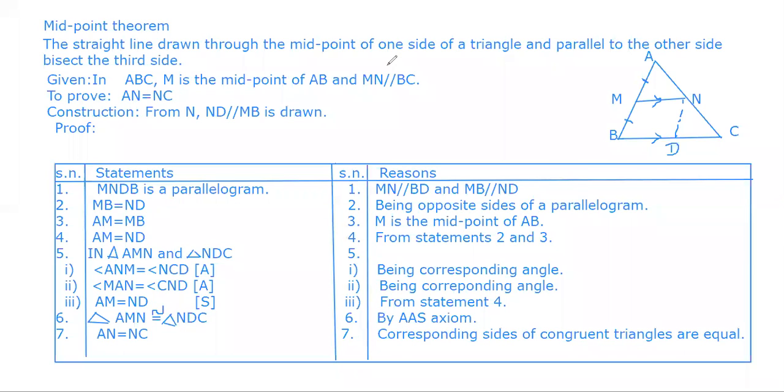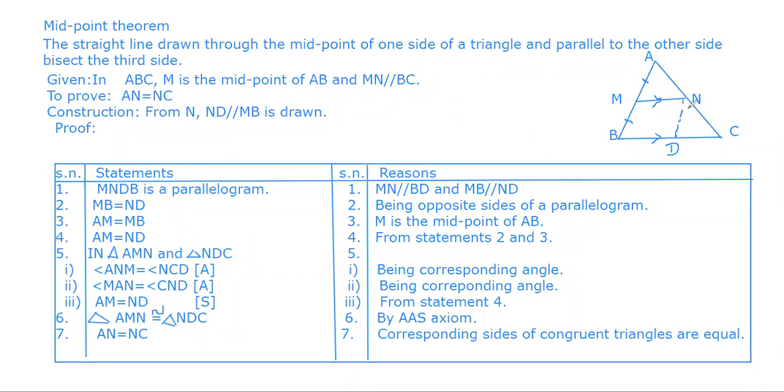Statement: a straight line drawn through the midpoint of one side of the triangle and parallel to the other side bisects the third side. It means in triangle ABC, M is the midpoint of one side AB, so AM and MB are equal, and MN is parallel to BD.